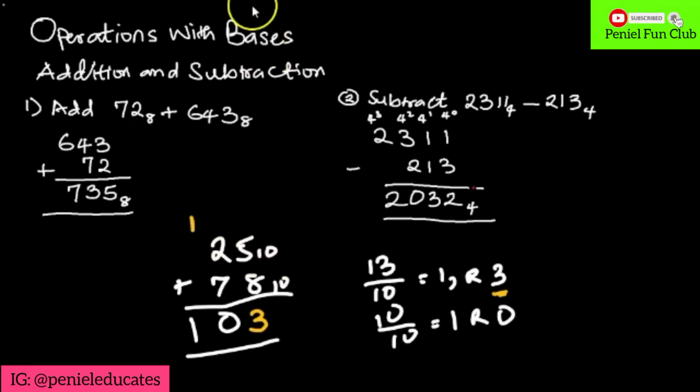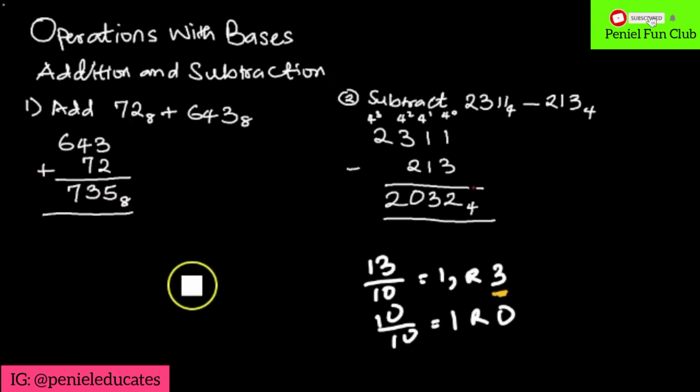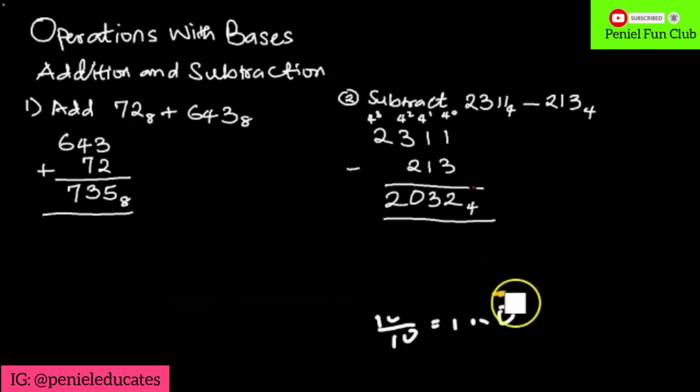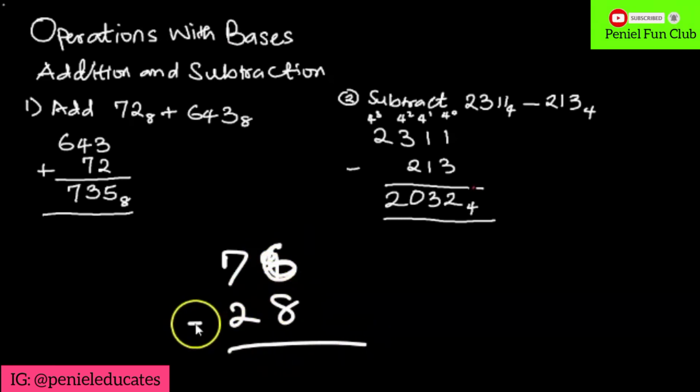So we can also do the same thing with subtraction. Let me also show you subtraction of numbers using the decimal. So we can have maybe 76 and let me say 28. So what do we do here in subtraction in decimal? We said 8 from 6 is not possible.